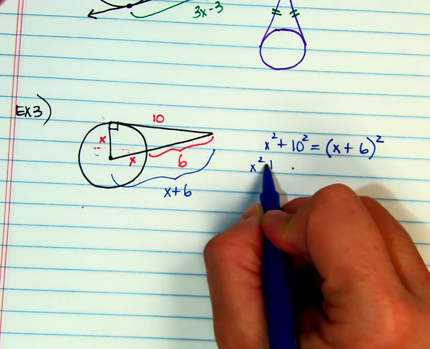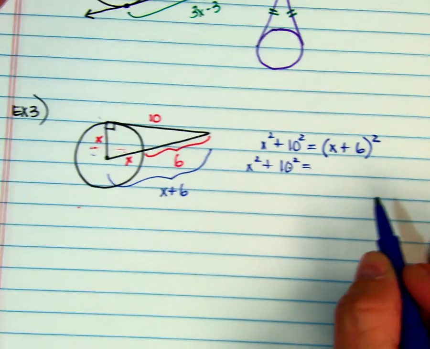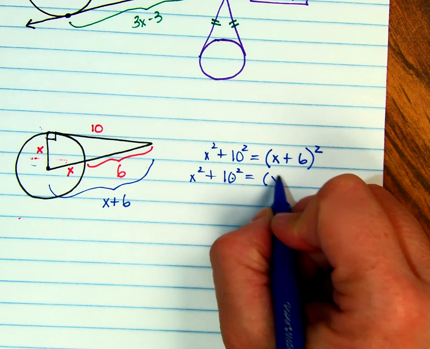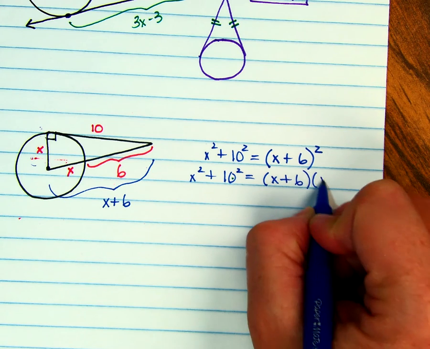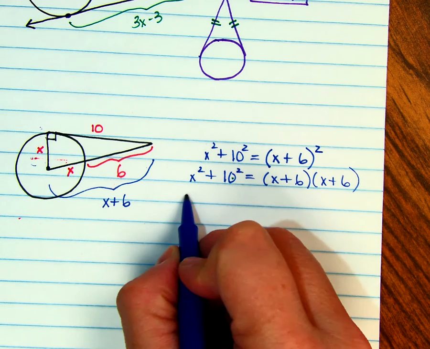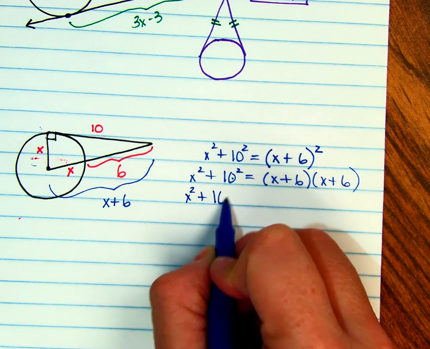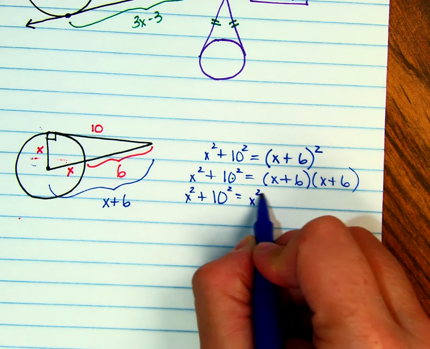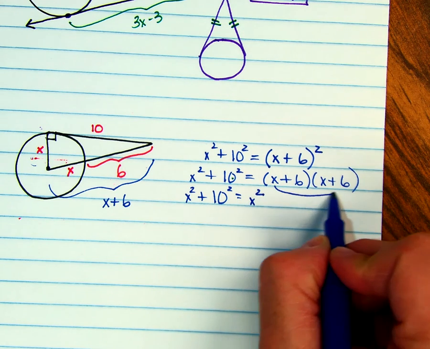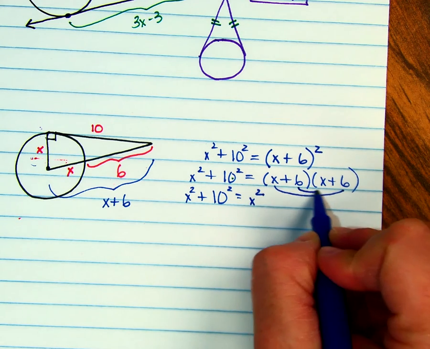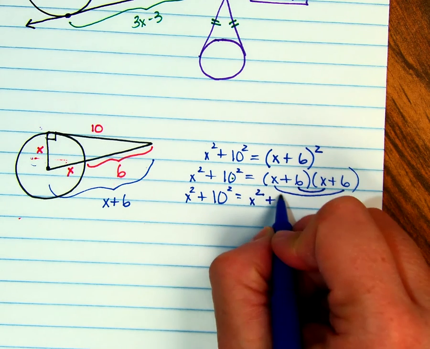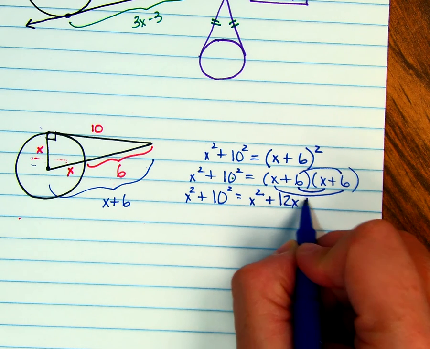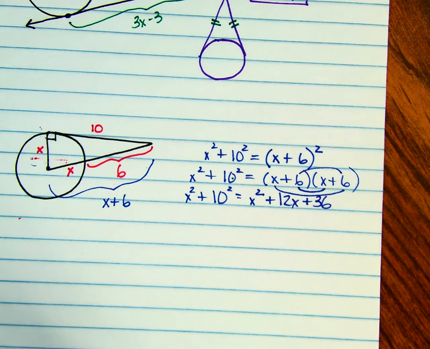So x squared plus 10 squared equals, you can expand this if you don't know the shortcut, and then it comes right back to FOIL. So firsts gives me x squared. Outers gives me 6x. Inners gives me 6x, which gives me a positive 12x. And then my last gives me a positive 36.